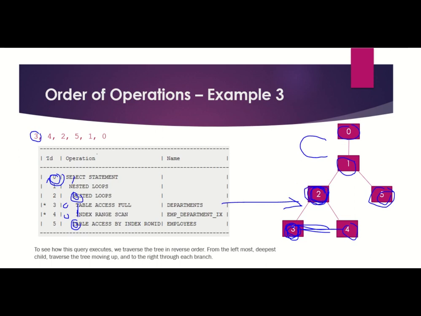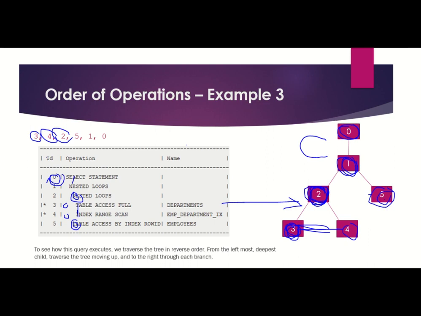Once 2 is executed, 1 should execute. But 1 being the parent has 2 children, 2 and 5, which should execute first, right? So after 2, 5 will execute, then 1 will execute, and ultimately the parent 0 will execute. So that is how the order of operation will be 3, 4, 2, 5, 1, 0.